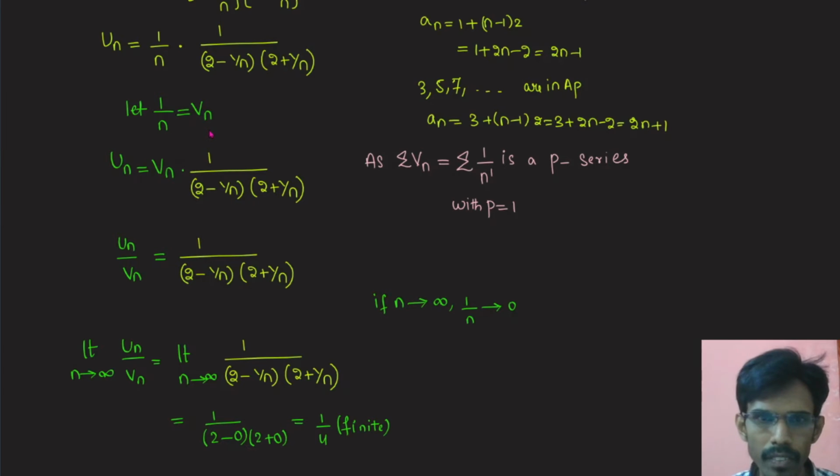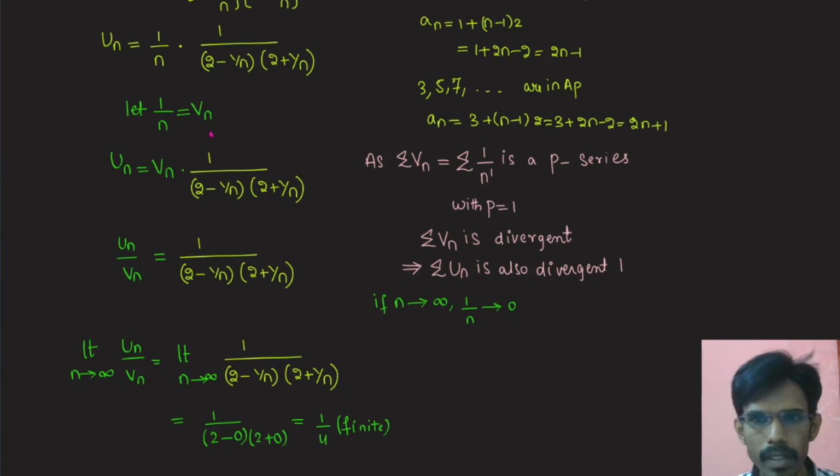Whenever we have P equal to 1, this sigma Vn is divergent or diverges. That implies sigma un is also divergent by comparison test, since comparison test says that both converge or both diverge together or simultaneously.